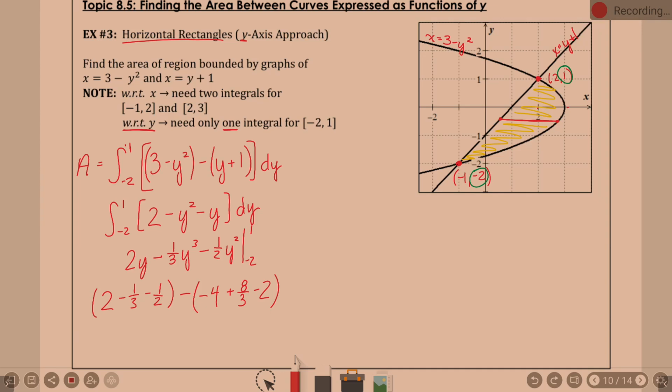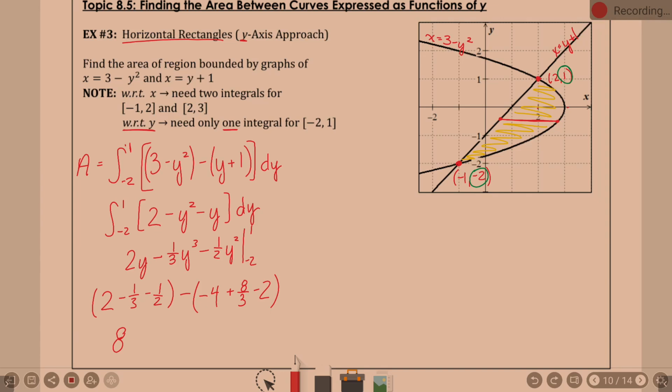Or, if we don't have calculator options, clean it up by hand. Now, looks like in my notes I just got a common denominator on everything. However, I'll be honest, I would kind of clean up the like pieces first. So 2 minus -4, that's going to be 2 plus 4, which is 6, and minus -2, so plus 2 is another, we're at 8. I can put thirds together.